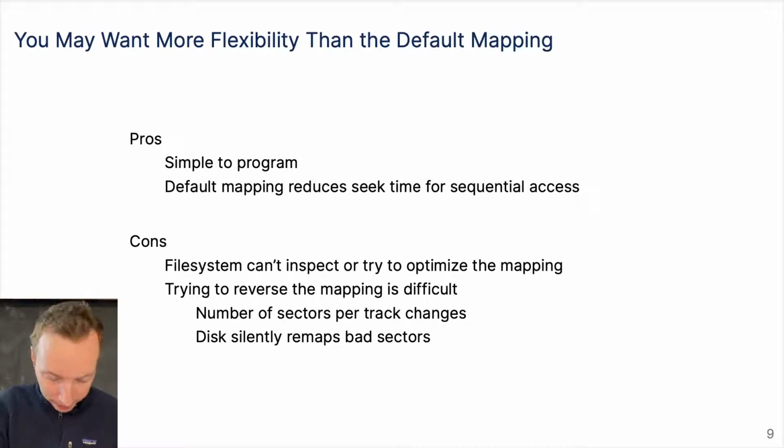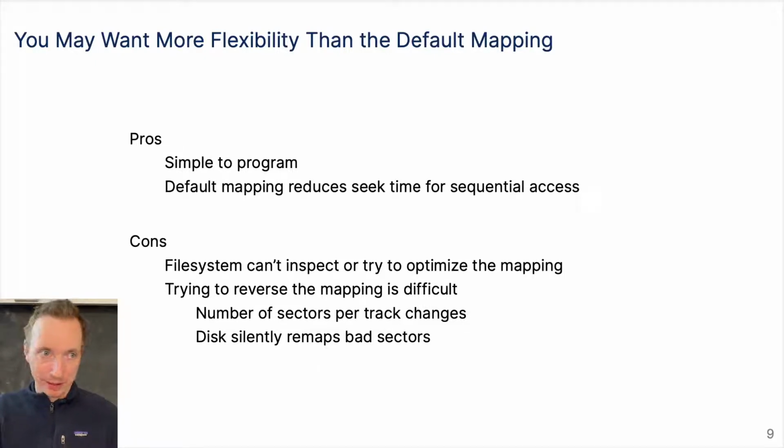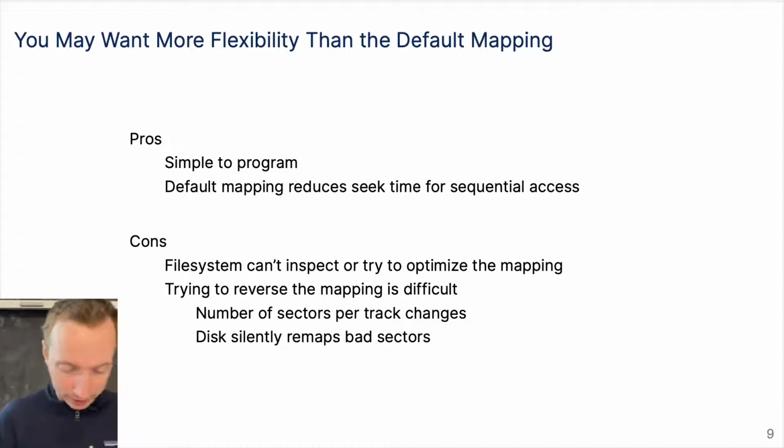You might be able to reverse the mapping by seeing how your transfer rate is between different blocks, and then figure out where the break is, but you might not want to do that. Also, the hardware in a disk is quite complicated. The number of sectors in a track might change, and sectors go bad randomly, and the disk will silently remap them and say, hey, that sector is bad, I won't use it anymore, and then modify all the numbers, and you'll quickly lose track of things because it won't stay consistent.